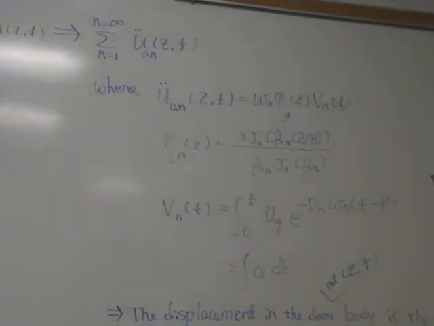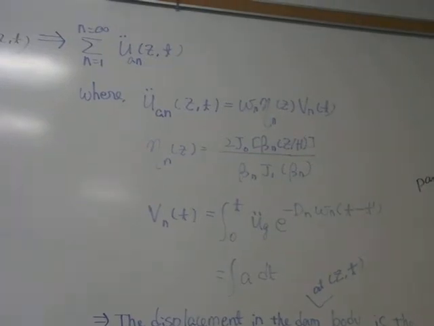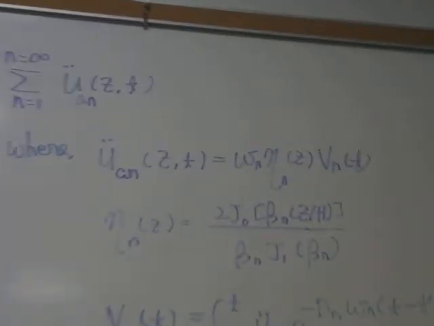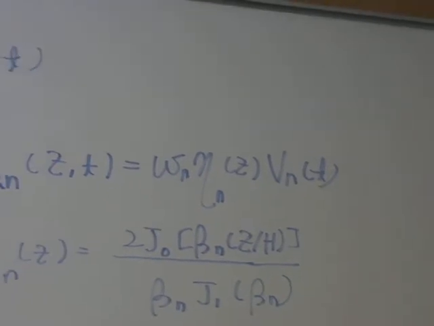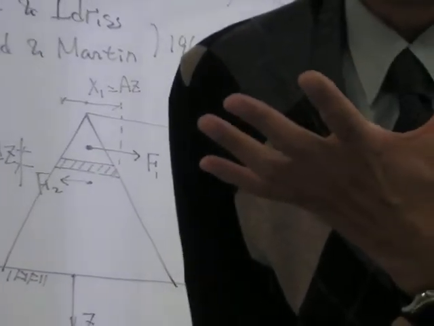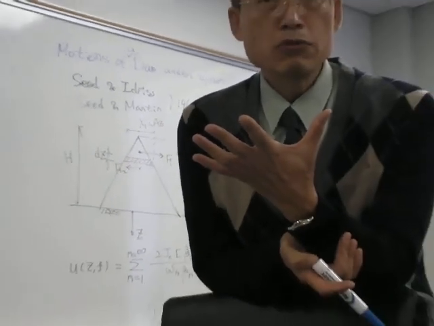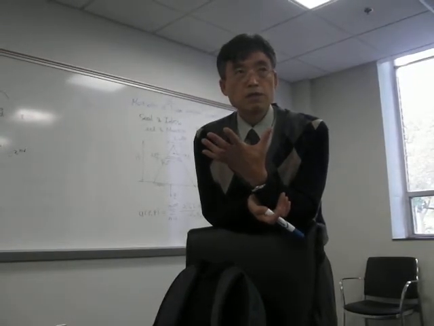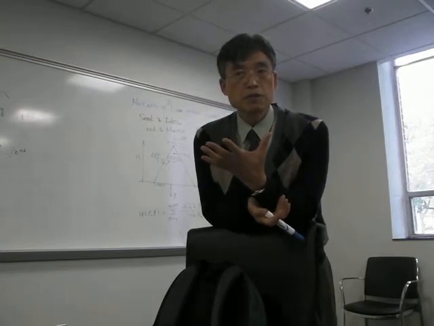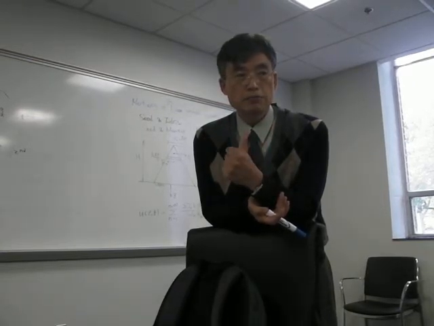If we can reduce one of those three, omega n, eta function, or velocity, then our acceleration will be lower, right? Omega n is the natural frequency. How can we reduce the natural frequency? Increase the stiffness. If we increase the stiffness, omega n will be higher.